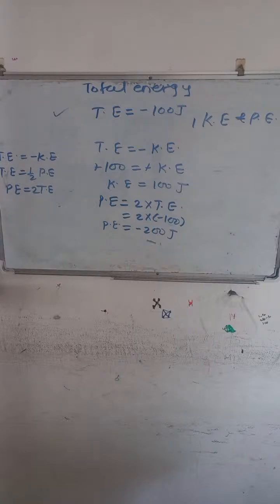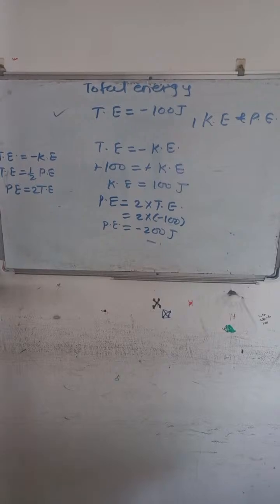Compare their escape velocities. I'll repeat. The planets are having their radius in the ratio 2:3. Compare their escape velocities. Okay, so we have to compare their escape velocities here.